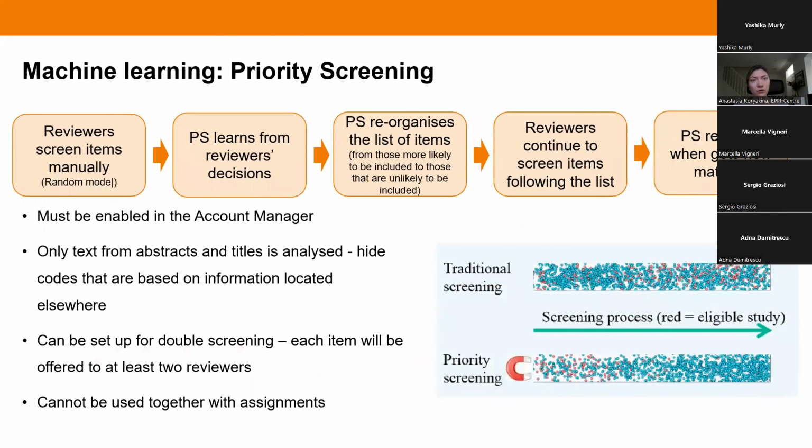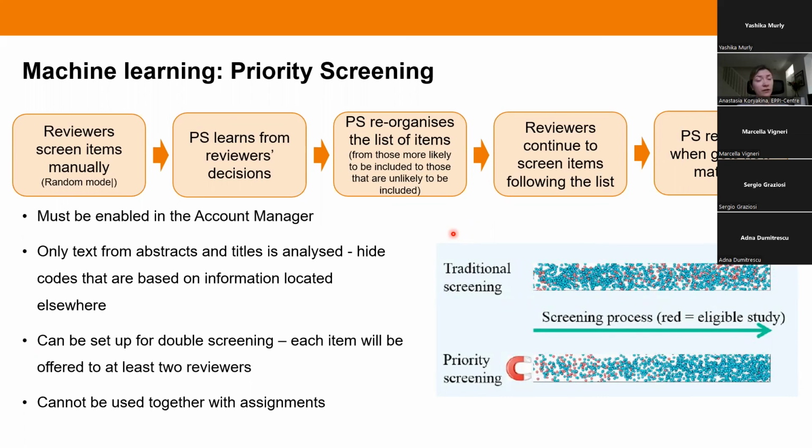Again, I'm going to skip this part because I am out of time already. What I'm going to say is that the priority screening mechanism allows you to attract, like a magnet, all possible includes in your review. Basically, the list of all items is getting reorganized based on the decisions that you have made on including and excluding a sample of items.